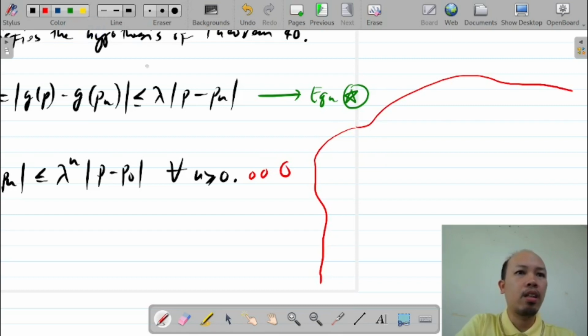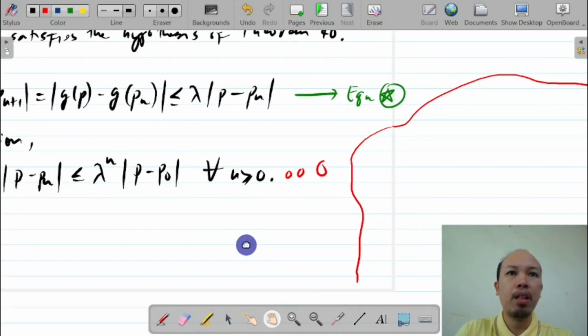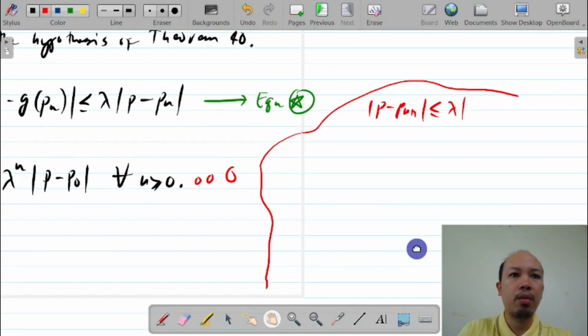Notice that from equation star, we have the absolute value of P minus P sub n plus 1 is less than or equal to lambda times the absolute value of P minus P sub n.